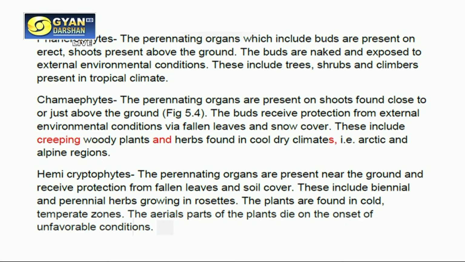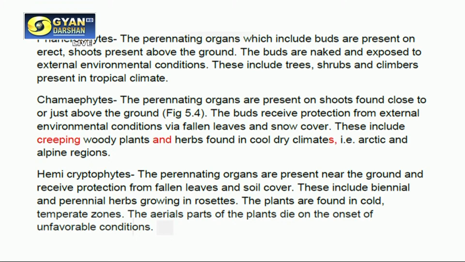But in phanerophytes, buds are not protected because they are much above the ground. But here the buds are protected. Examples are creeping woody plants and herbs found in cool dry climate, Arctic and Alpine regions. So chamaephytes are mostly found in Arctic and Alpine regions. Phanerophytes mostly in the tropical regions.